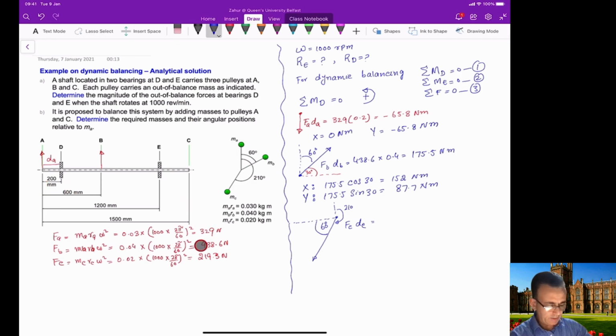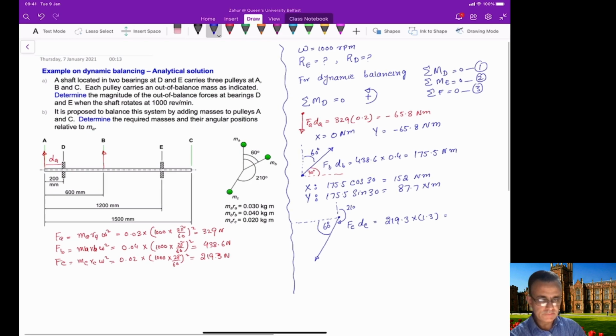And FC that you have here, 219.3, multiply with the 1.3. So this will be 285.1 Newton meter. So you calculate this value here.